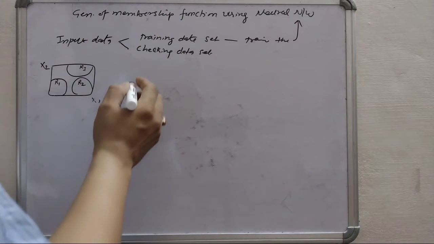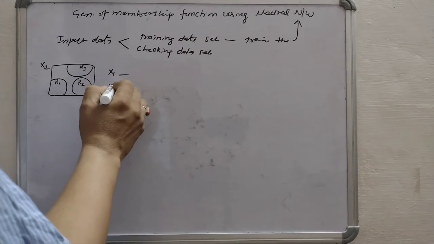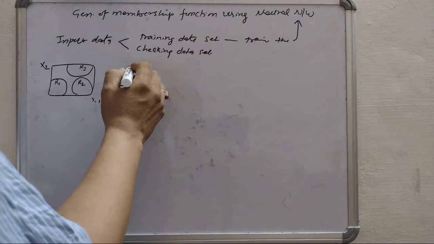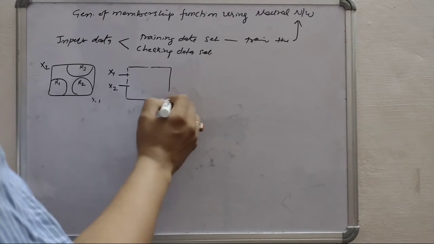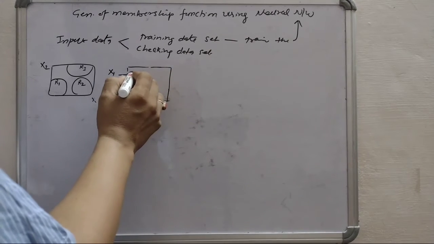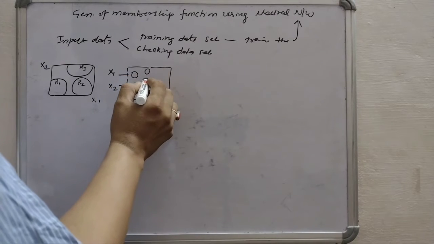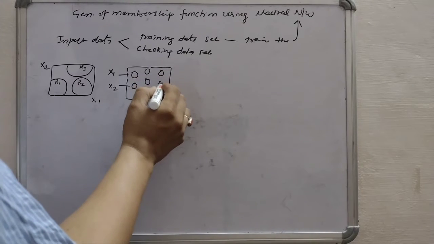Then we create a neural network here, having three layers. This is a general structure of a neural network, in which this is the input layer, then this is called the hidden layer, and this is called the output layer.